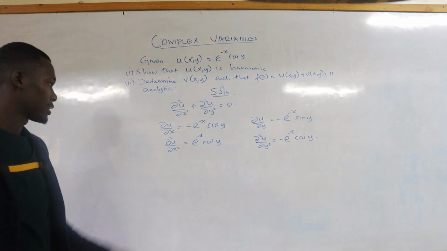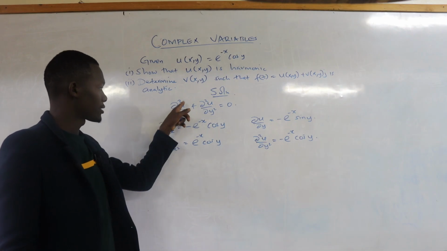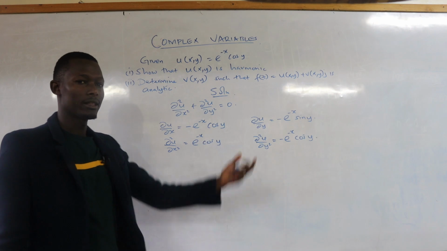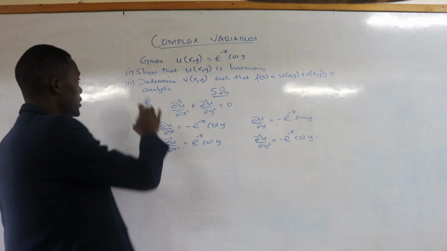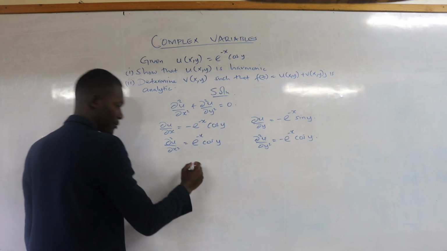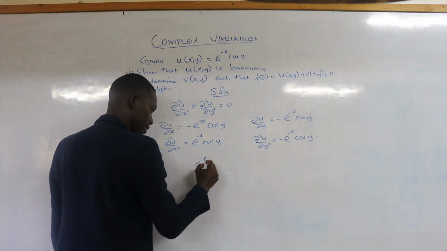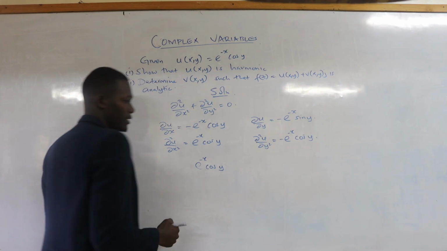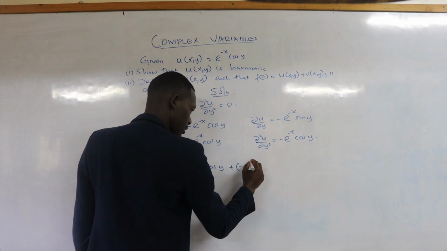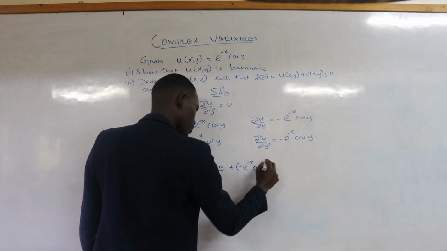From that point, we add. We take our second derivative with respect to x and the second derivative with respect to y, and add the two of them. The answer should give you 0 for the function to be harmonic. So our d squared u dx squared is e to the negative x cosine of y, plus negative of e to the negative x cosine of y.